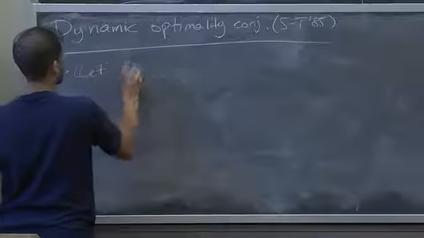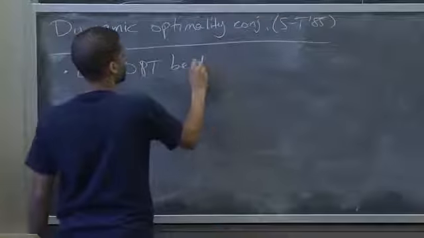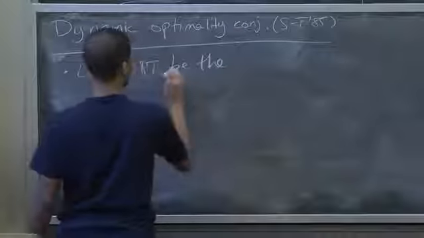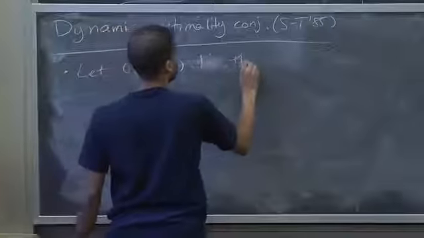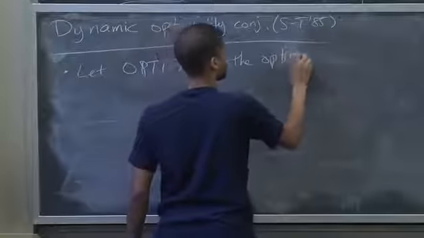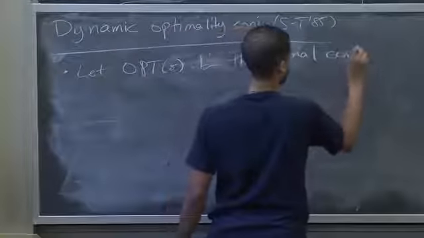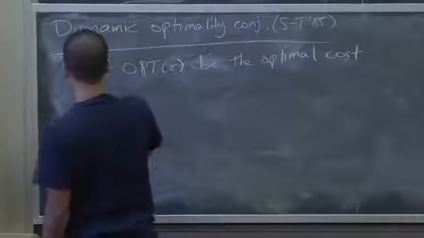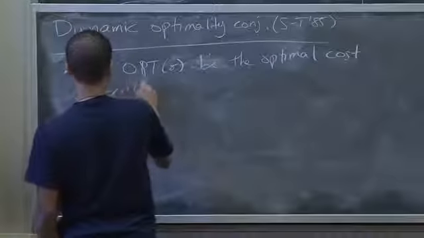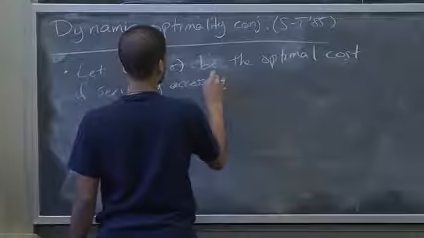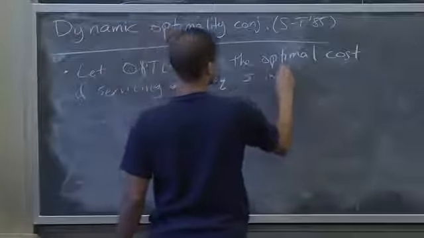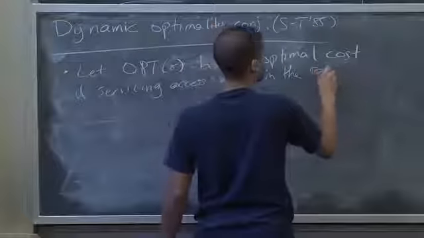Okay, so let opt of sigma be the optimal cost of servicing access sequence sigma in the BST model.